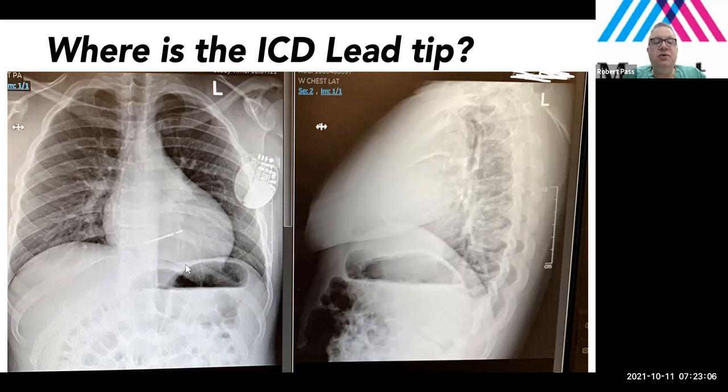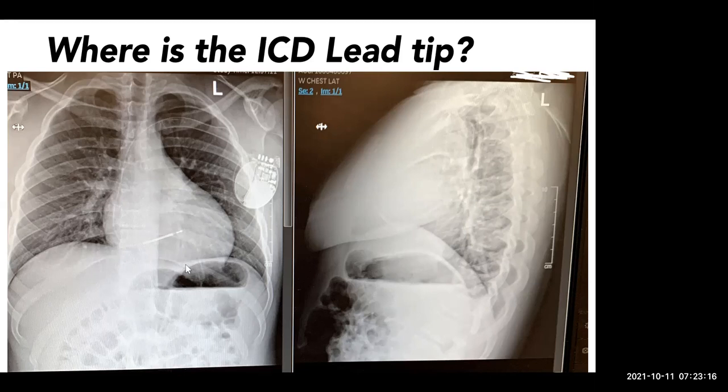Anything else we want to keep track of in why we're doing that? That's the most important, I would say. But what are some other reasons we would do it? So aside from lead migration, I suppose there could be just looking for other pathology like lung pathology, post-procedural.